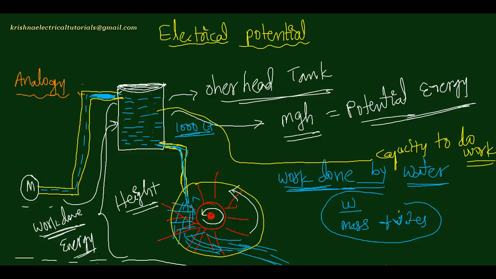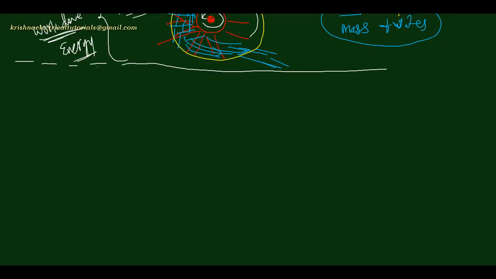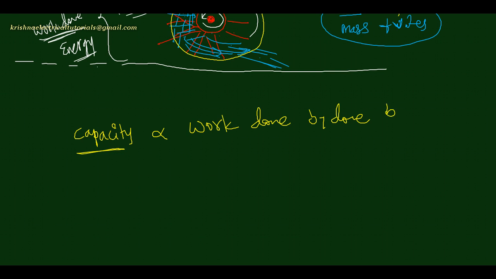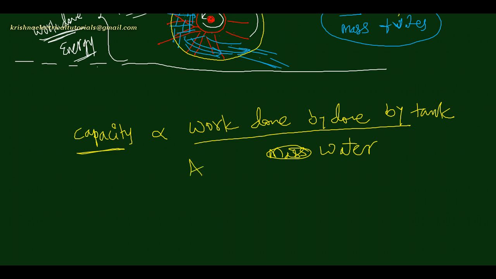And if you want to speak closely regarding the capacity of the water tank, capacity is directly dependent upon work done by the tank per mass of the water, or per amount of water simply.